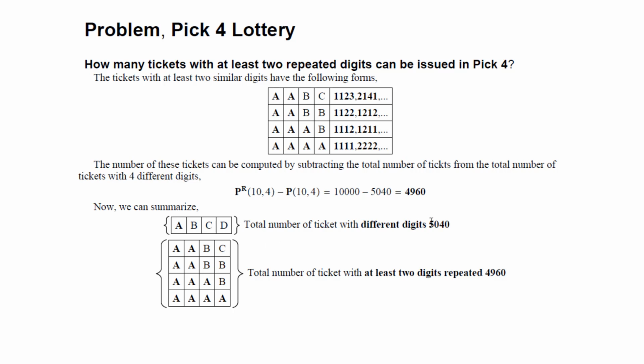We have 5040 tickets with different digits, and we have 4960 tickets with at least 2 similar digits, and these are all the tickets. Their sum is 10,000.